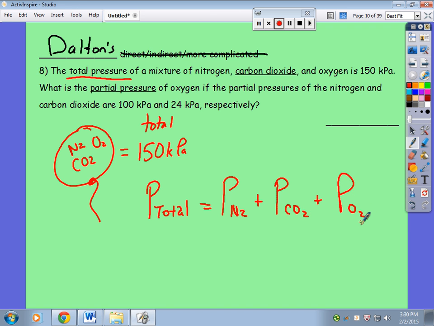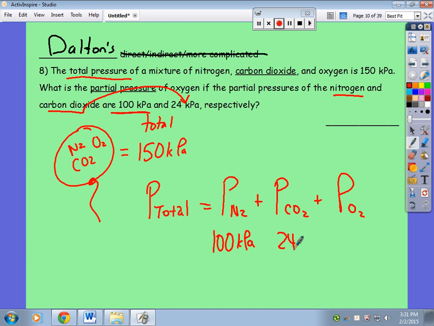All right, now what do I know? In order, respectively, nitrogen is 100 kPa, and carbon dioxide is 24, right?